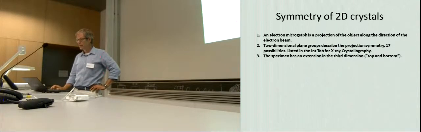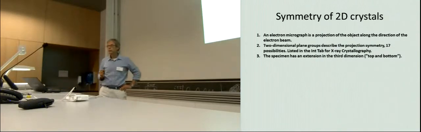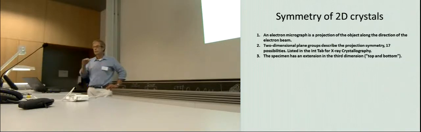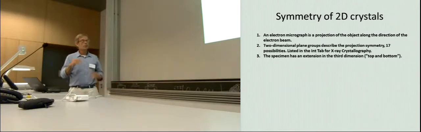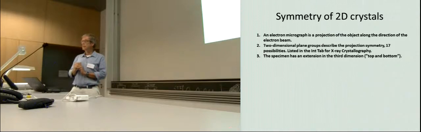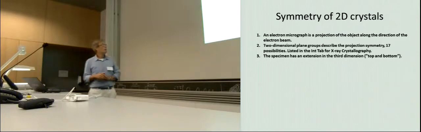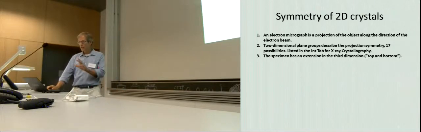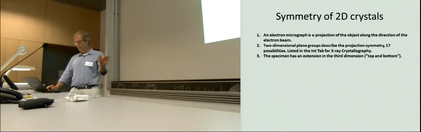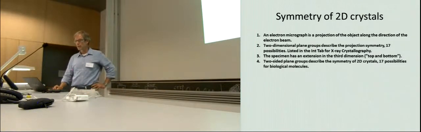However, our 2D crystals are not really 2D objects. They have an extension also in the third dimension, so they have a top and a bottom. This is a special case sort of between the 2D objects and the 3D objects.